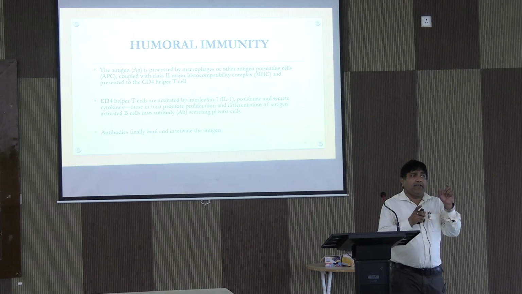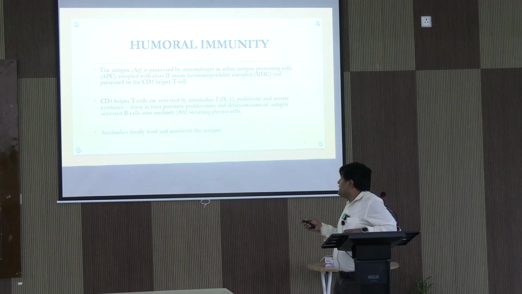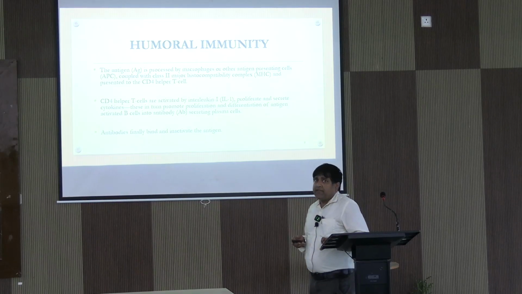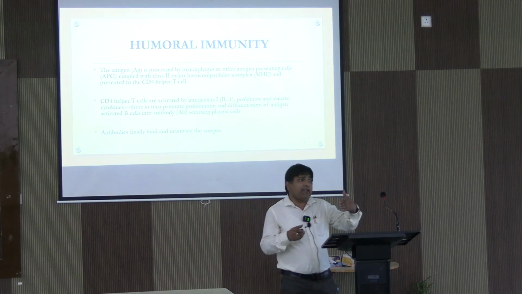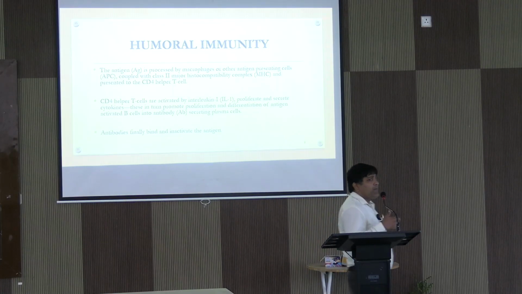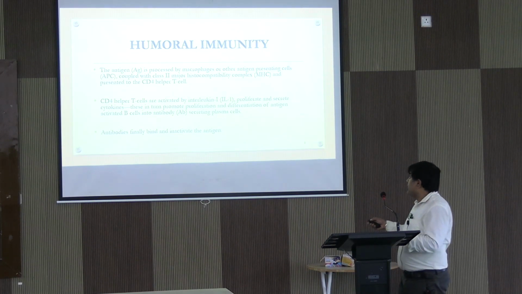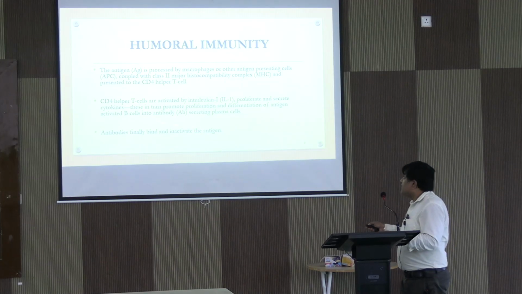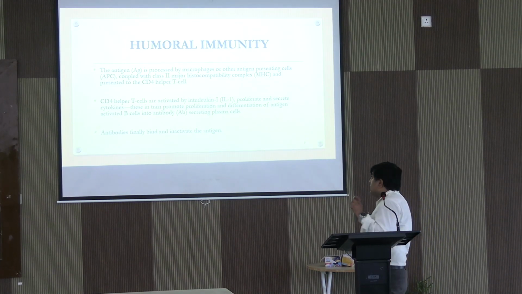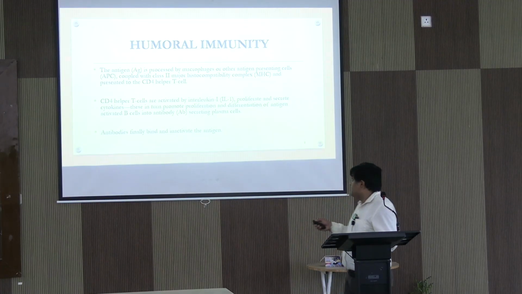Then the antigen presenting cells complexed with the antigen bind to the CD4 plus T helper cells. CD4 helper T cells are again activated by interleukin 1, and after activation and binding to the processed antigen, CD4 T helper cells proliferate and secrete cytokines that include IL-2 and other interleukins, interferons and others.